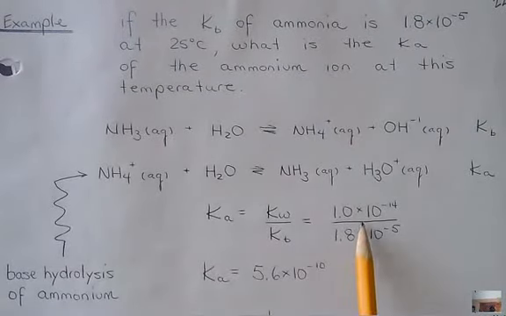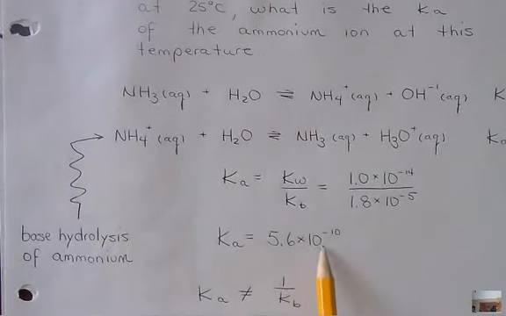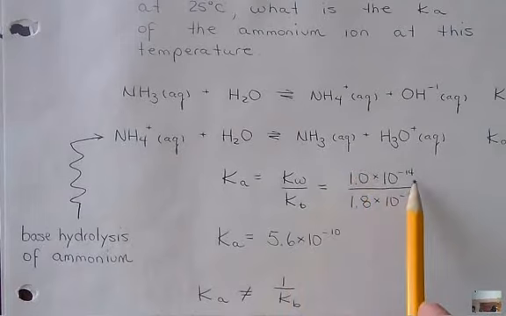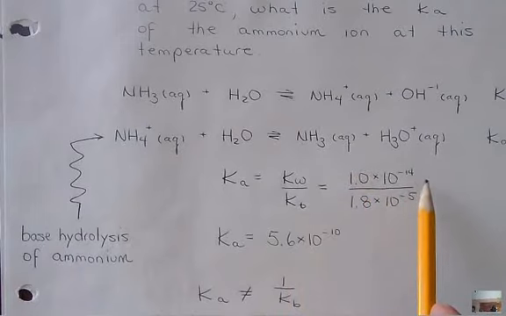So do the math. 10 to the minus 14th divided by 1.8 times 10 to the minus 5. If you do that, you get 5.6 times 10 to the minus 10. So if I was going to do this on my calculator, I would put parentheses around the 10 to the minus 14th, divided by 1.8 times 10 to the minus 5.